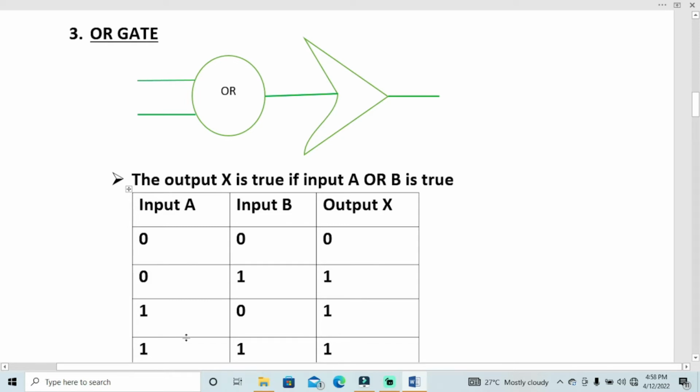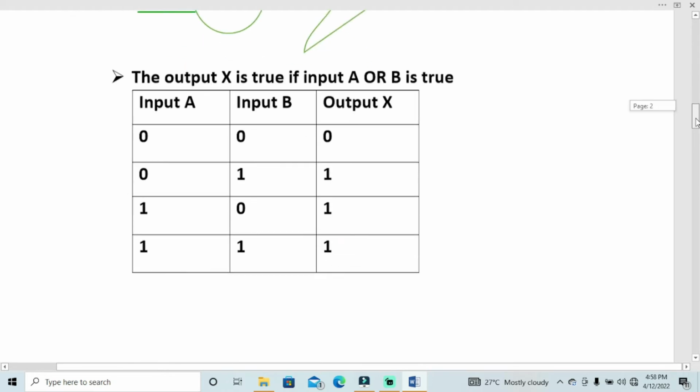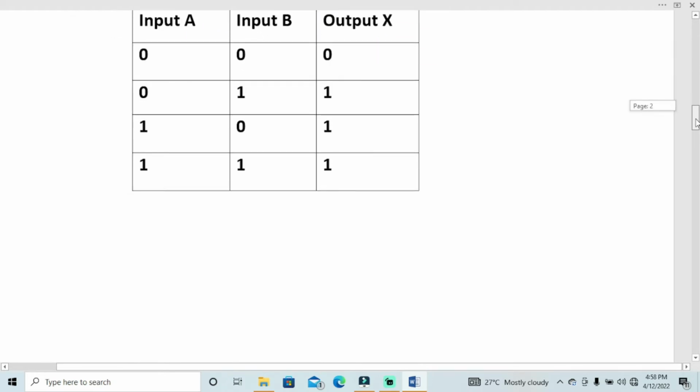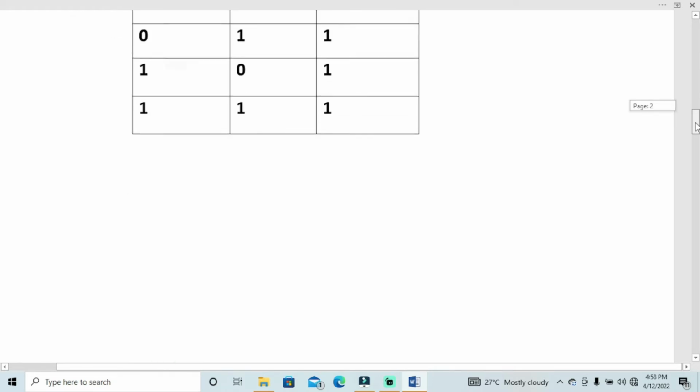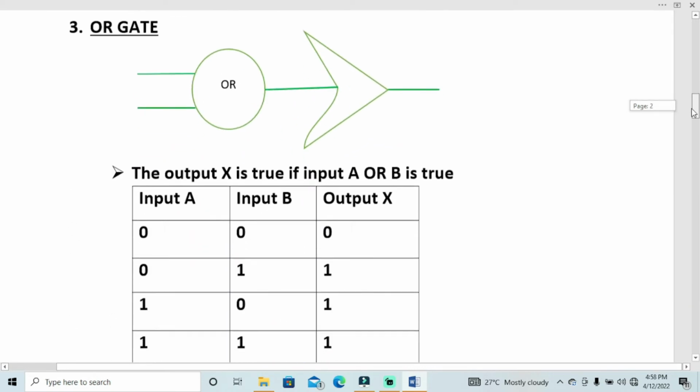And where A is true and B is also true, either one of them is true, so output X is true as well, which means it's 1. So we want to go to the fourth gate.